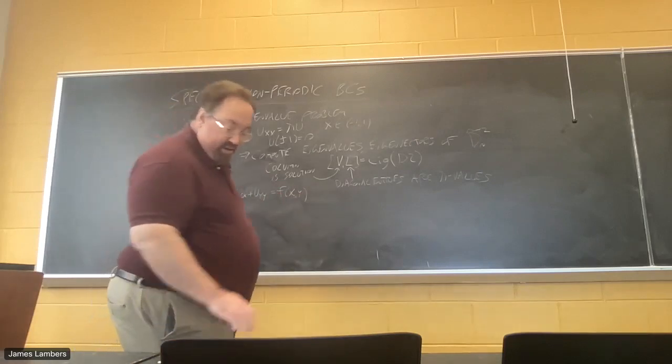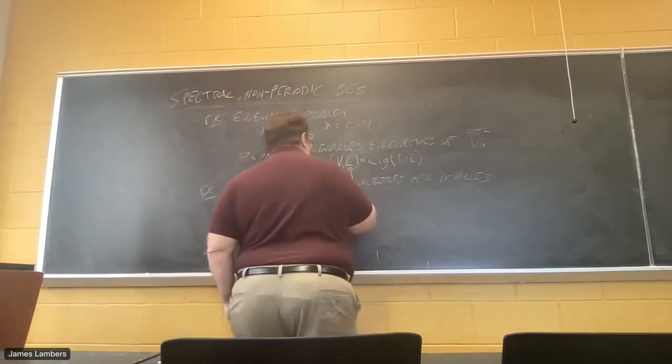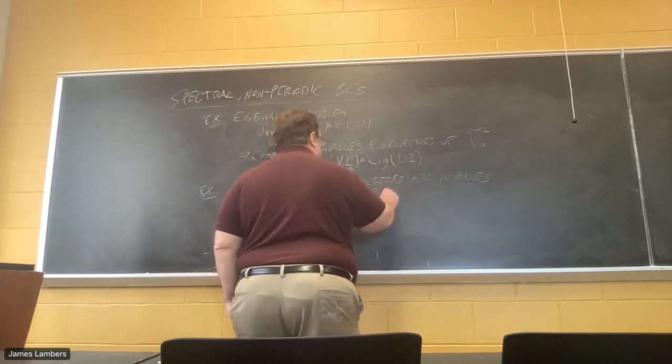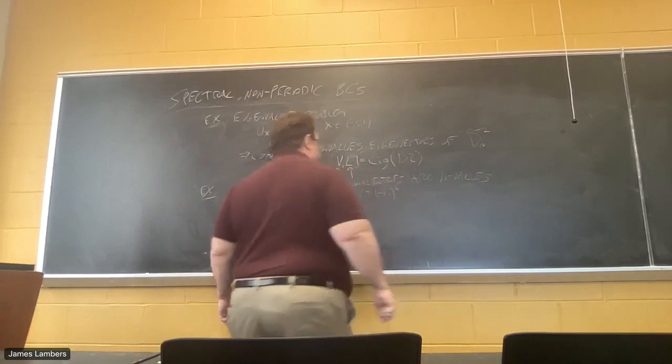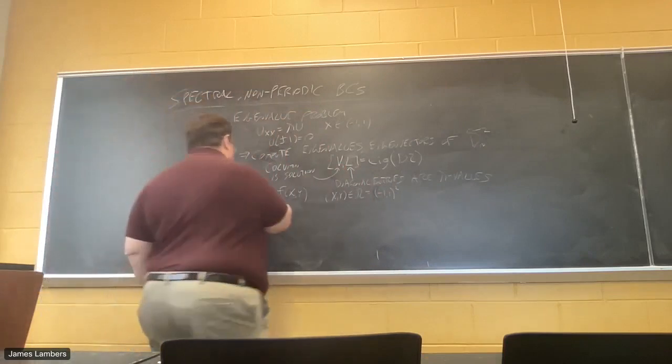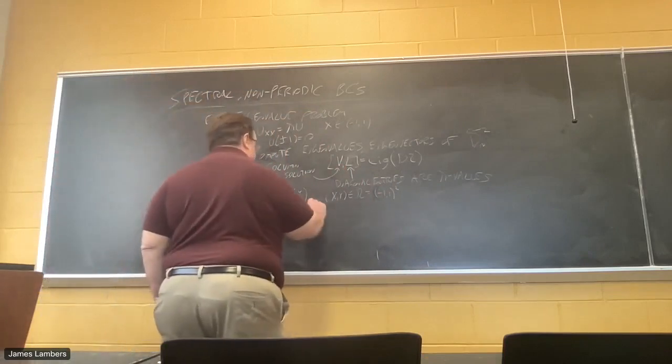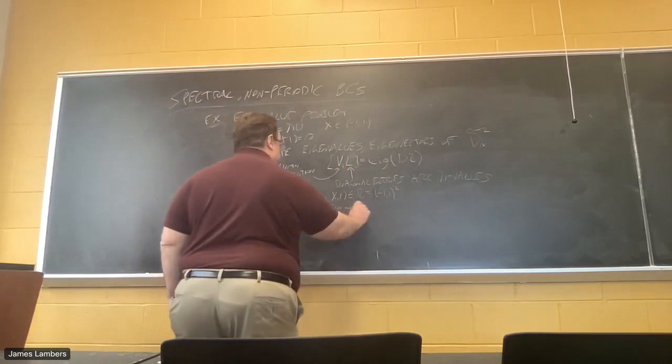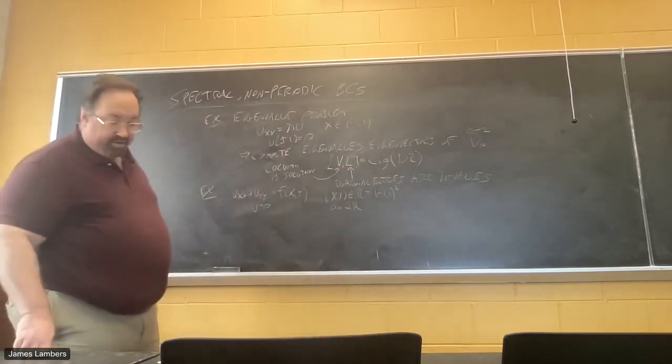And so your domain omega is the square, x and y between -1 and 1. And then same boundary conditions: u equals 0 on the boundary.